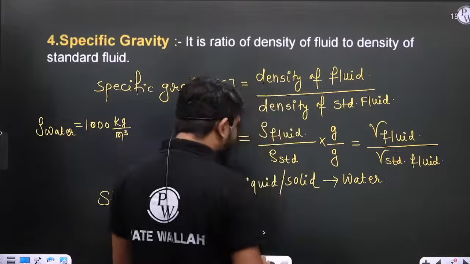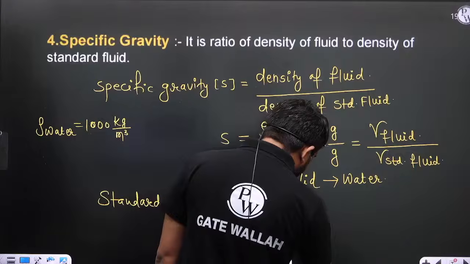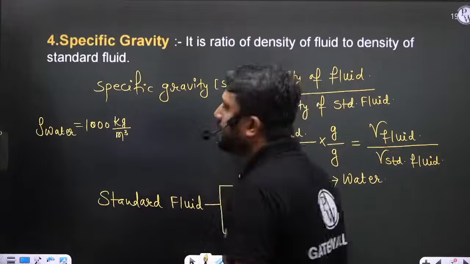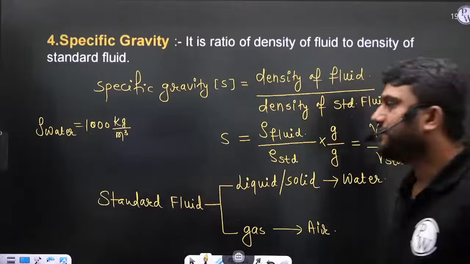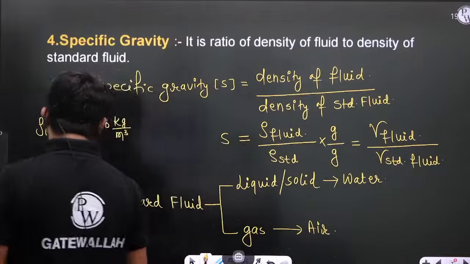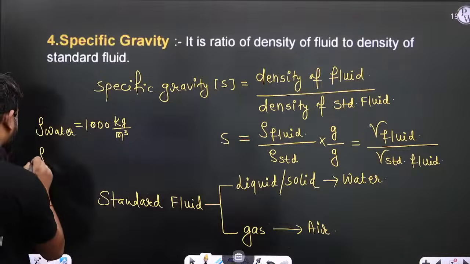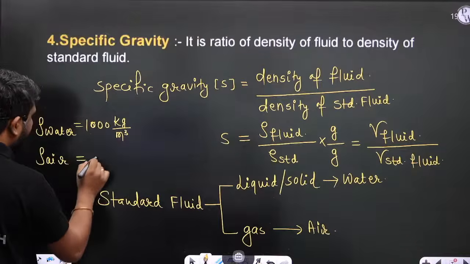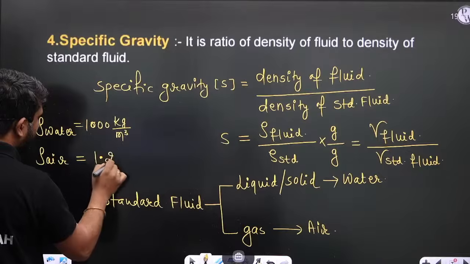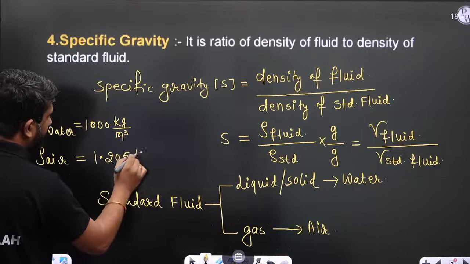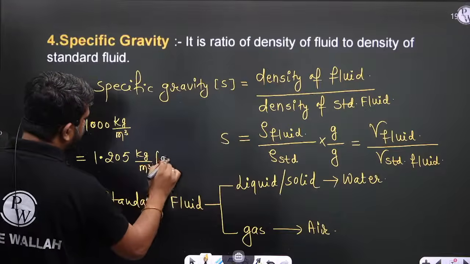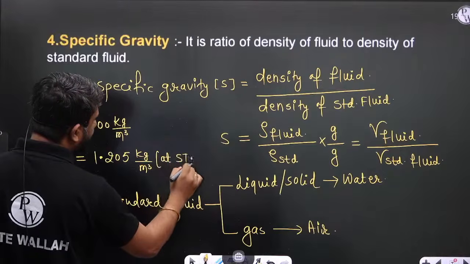what is the standard fluid? In case of the gas, air is the standard fluid. And what is the density of air at STP? That is 1.205 kg per meter cube, at standard temperature and pressure.